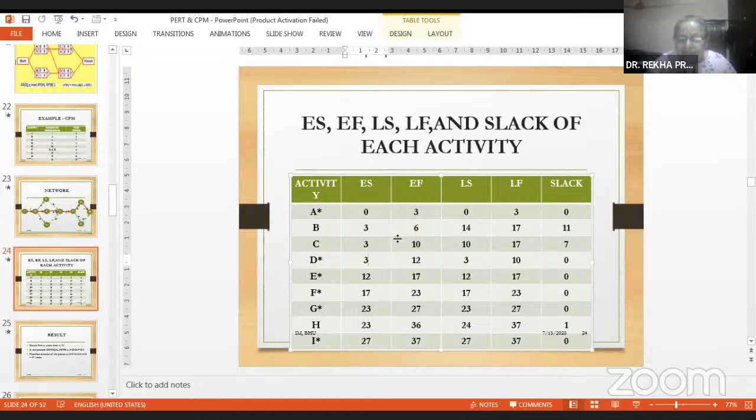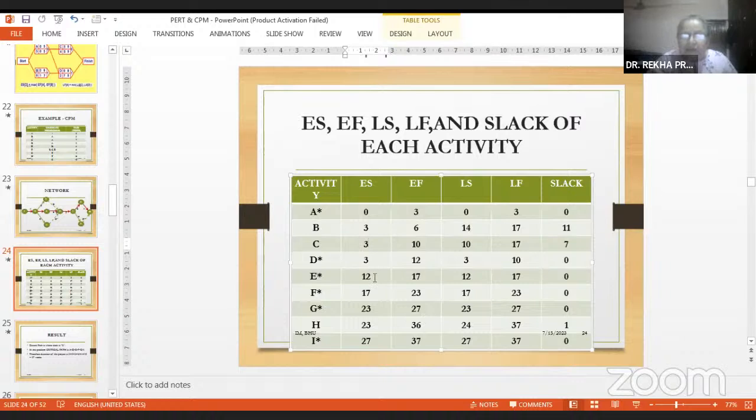And the duration is added: 3 is added to B, 7 is added to C, and 9 is added to D. So these are the early finish. By this time, you should finish this activity.